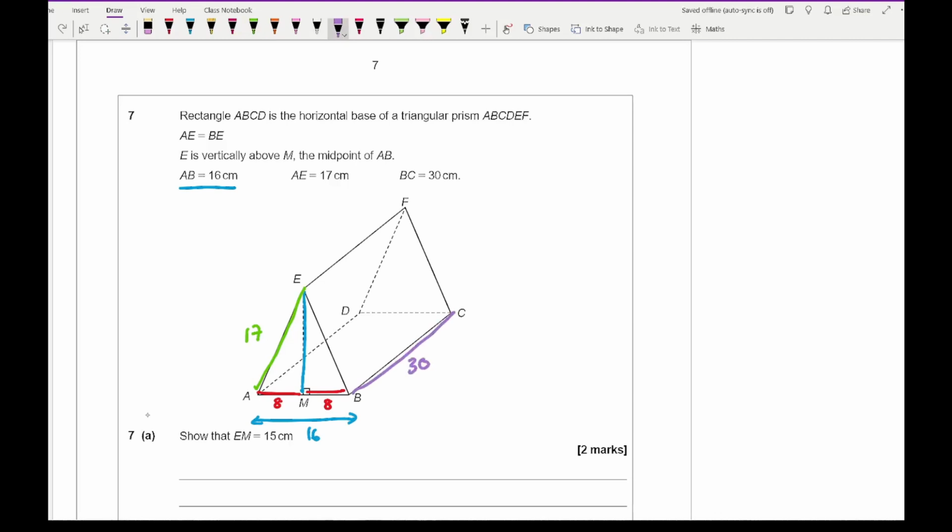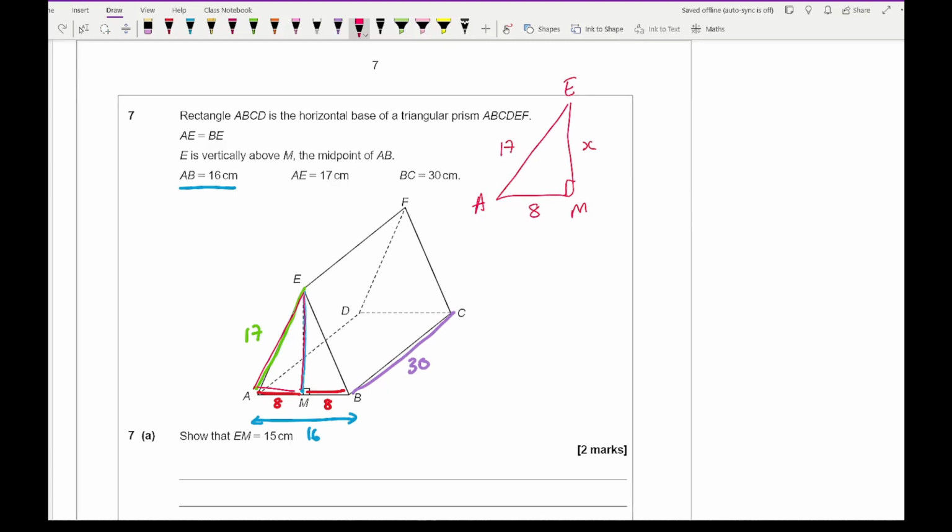So that's what I know. So looking at E to M, if I take this triangle out, let me just draw it again. So that's EA, that's E, that's M, and it's a right angle triangle. This length here is 8, that's 17, and this is what I wanted to work out.